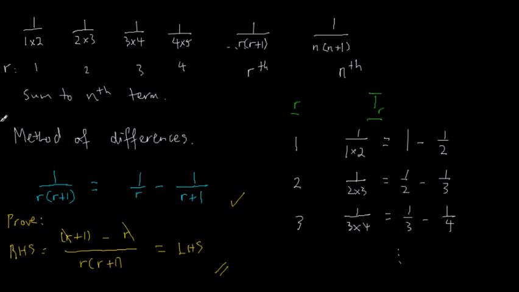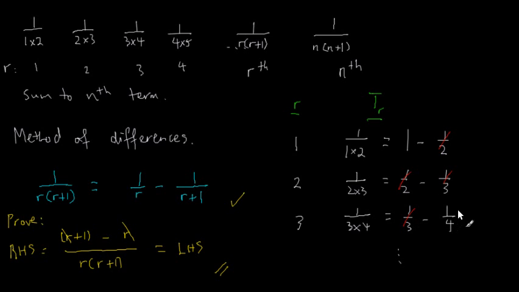But do you notice something? Notice that if I add up these fractions, I have a minus half here and a half here. I have a minus 1/3 here and a 1/3 here. So these would actually cancel if I add up this whole lot.